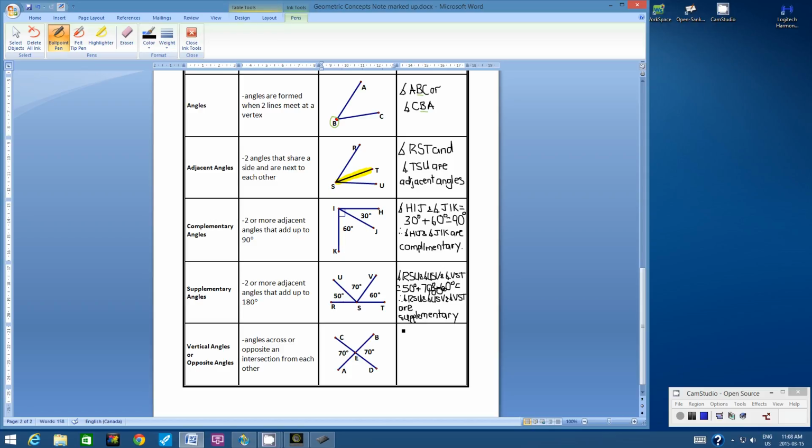So angle CEA, which is this angle right here, and angle BED are vertical angles.